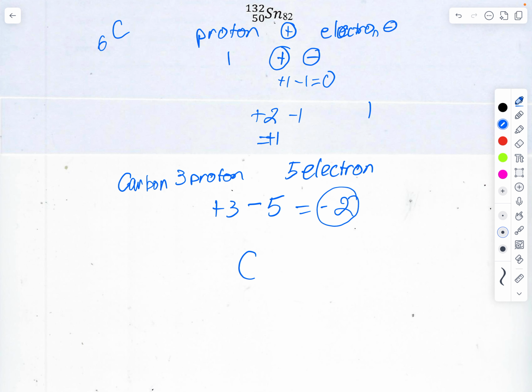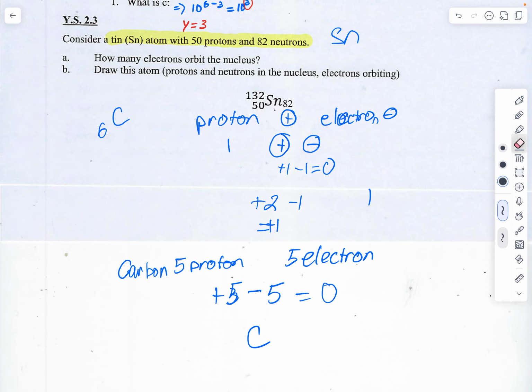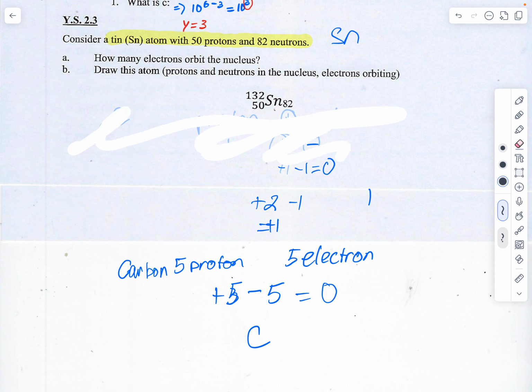Then it would be C with 2 negative. That's how you would imagine the charge. And if there's five protons and five electrons, it's going to be neutral, so it's going to be zero charge, and carbon is just carbon. That's how you would understand this whole positive negative thing. It would help you in a long way.